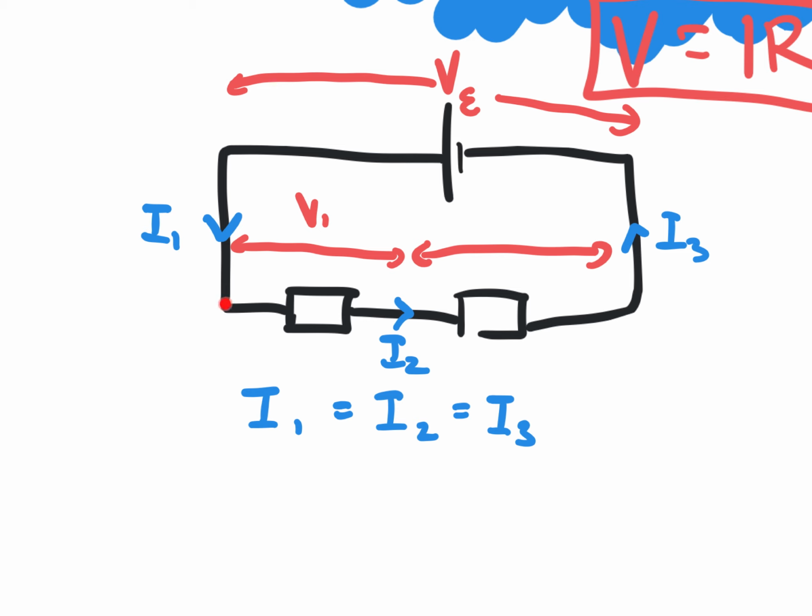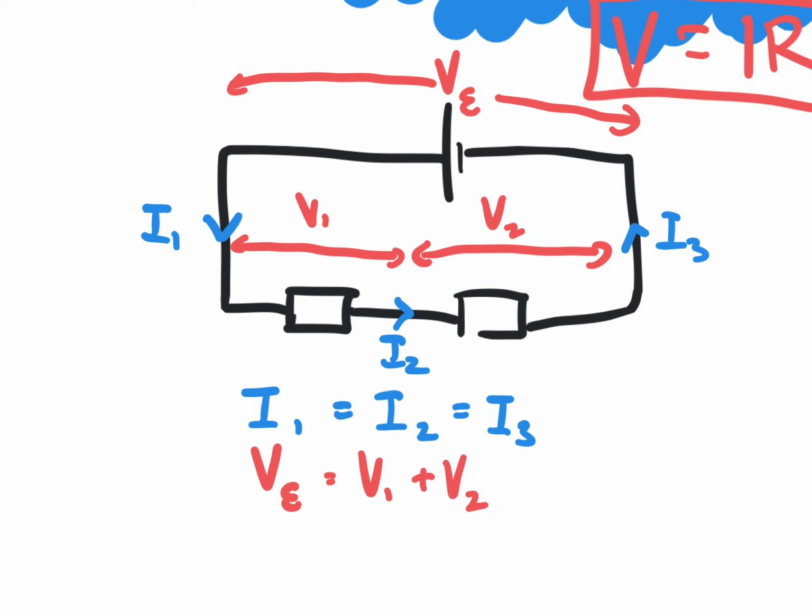The potential difference across this resistor and the potential difference across the second resistor, these two will be equal to the potential difference across the entire thing, or the EMF. So what you are trying to say is that the total potential difference or the EMF will be equal to V1 plus V2.